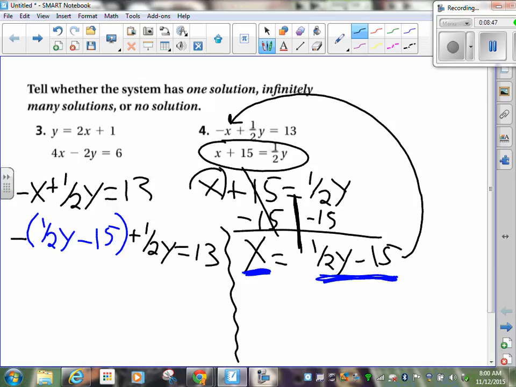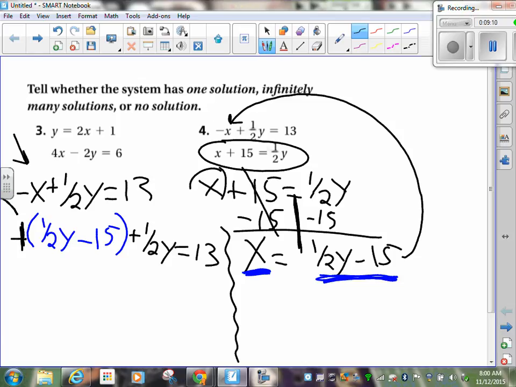And now I have to solve. Double check that you put everything in there. In this equation right here, we have a negative, which is down here. X is now equal to 1/2 y minus 15, plus 1/2 y equals 13. Remember, there's an invisible 1 outside here.